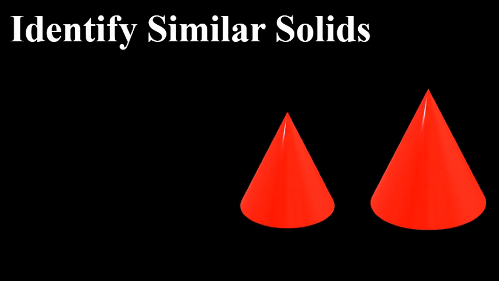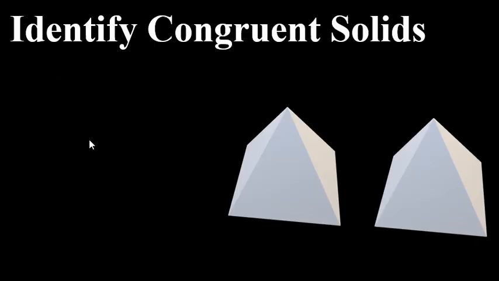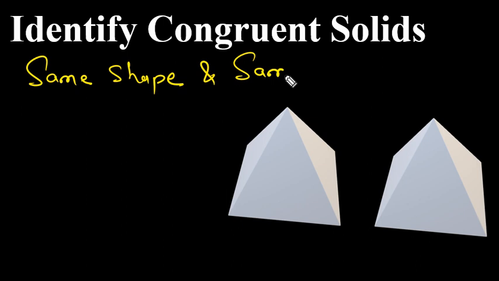Now what about congruent solids? For congruent solids they should have the same shape and the same size. Also, let's say for this one the height is h1 and the slant height is l1. For this one the height is h2 and the slant height is l2.